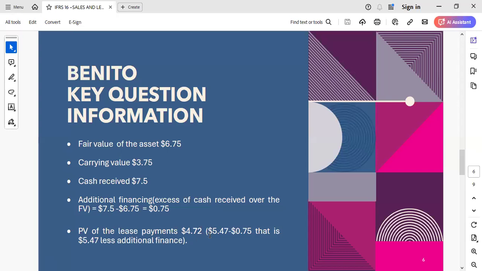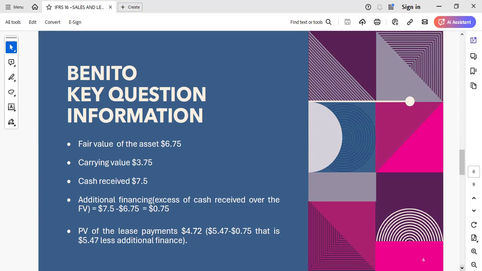The present value of the lease payment recognized in the question, minus the excess financing that you received from the buyer lessor because they paid 0.75 in excess of the fair value of the lease. I want to say again that if they paid lower than the fair value of the lease, you want to treat that as an advance cash payment to the lessor.